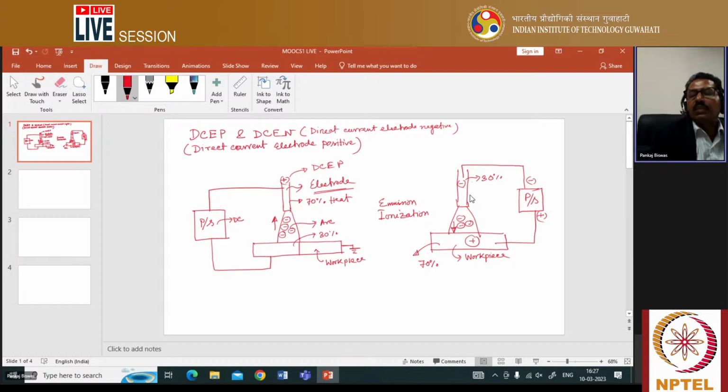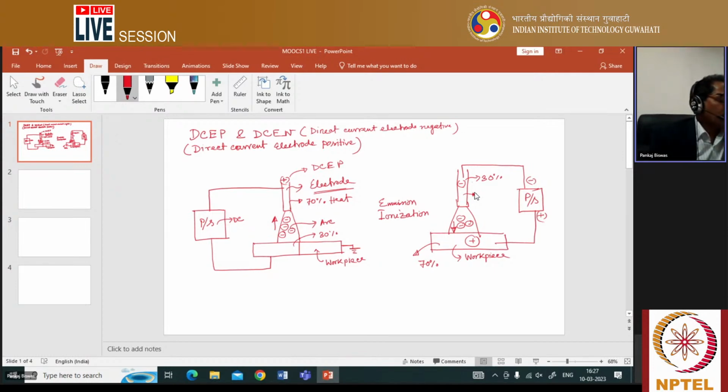So you are asking another question: sir, which polarity is preferable for consumable types of electrode, and which polarity is preferable for non-consumable types of electrode. Now you see, if the electrode is consumable type, then you should always keep this thing in mind. You want your electrode to melt and deposit, so you want more heat to be generated in the electrode region, correct?